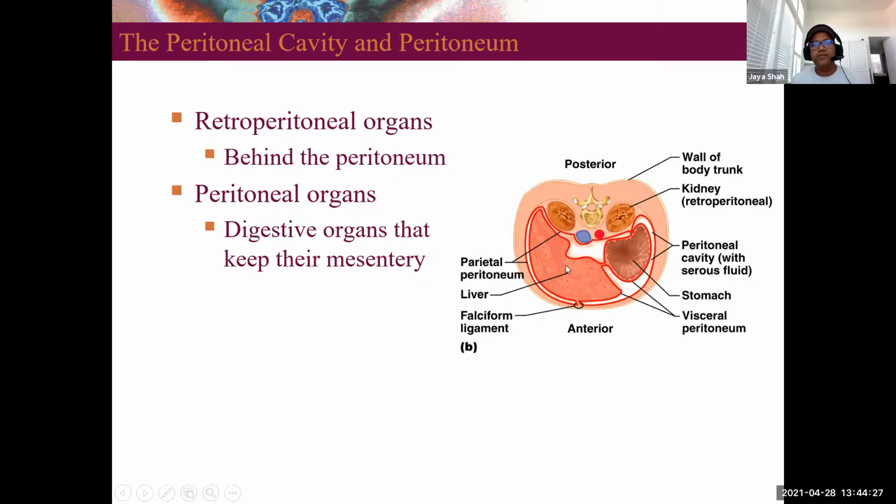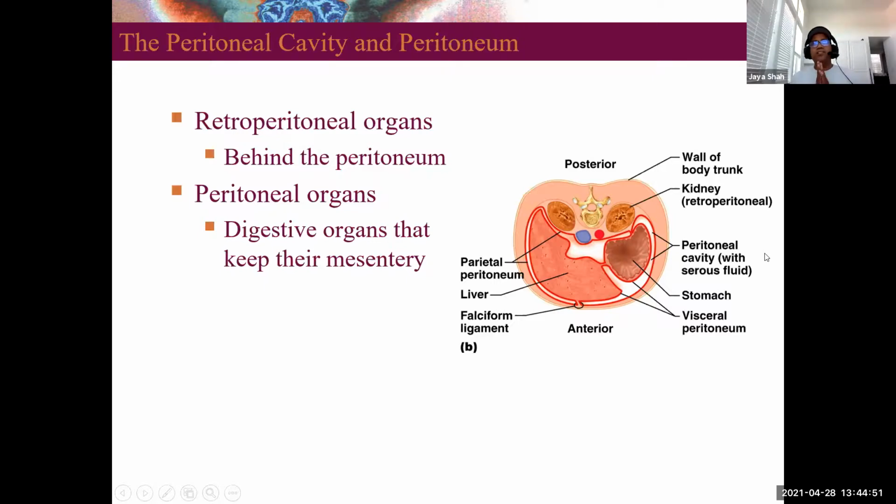Liver is intraperitoneal, stomach is intraperitoneal, and a lot of the small intestine is intraperitoneal, but some of the organs are behind, extraperitoneal, and those organs are called retroperitoneal. For example, both kidneys are not covered by peritoneum, and they are retroperitoneal.